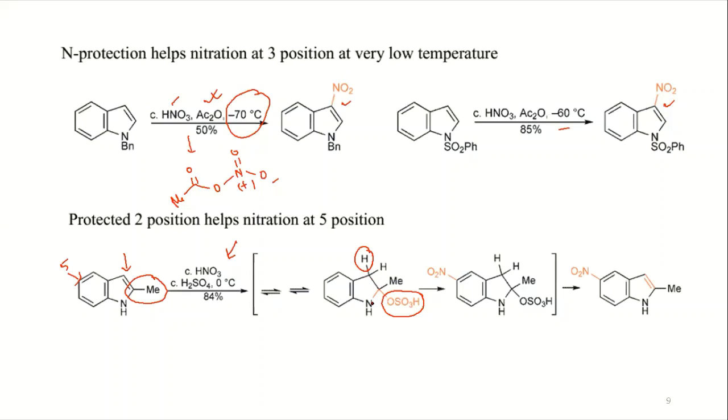Now the nitrogen is just acting as a kind of secondary amine. If it is a secondary amine, you know it will be activating at the para position for the reaction. And that is happening: the nitration is happening at the para position, and after that the elimination is happening, the sulfuric acid is coming out. Okay, and you have nitration at this position. So this is what your nitration reaction is all about.